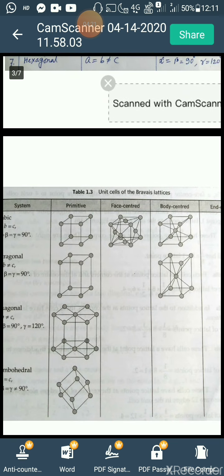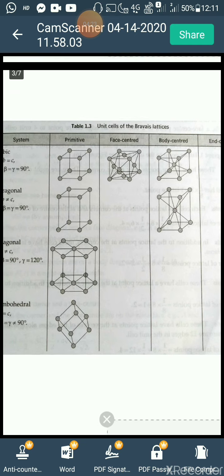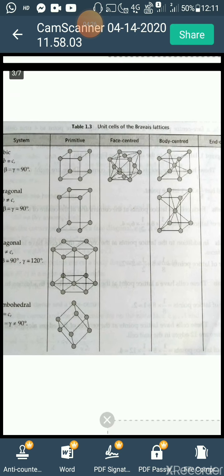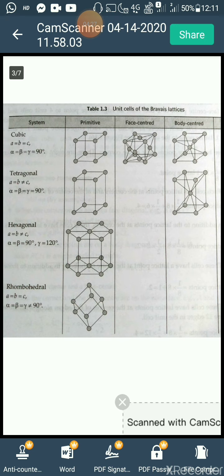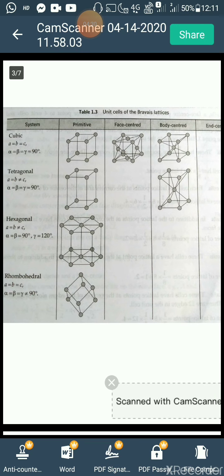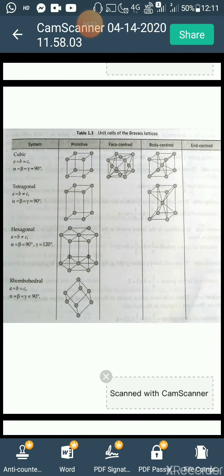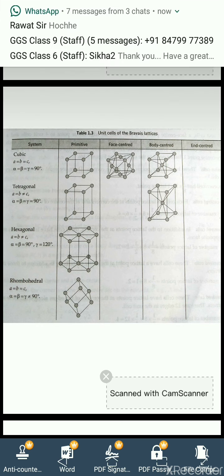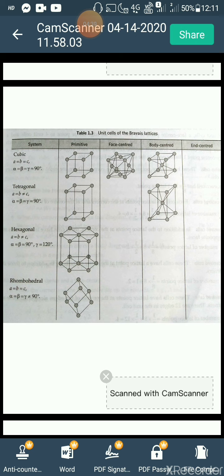Now let's see the 14 types of Bravais lattice. You should take a snap or a screenshot. The 14 types of system: primitive, face centered, body centered, end centered. The relation is given here, and the diagram is also given to the left and right.